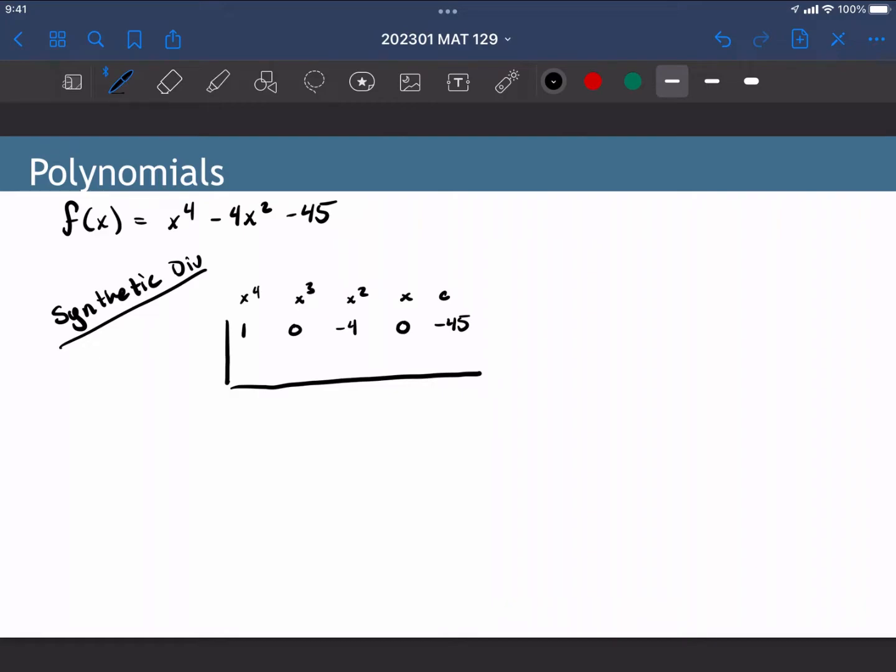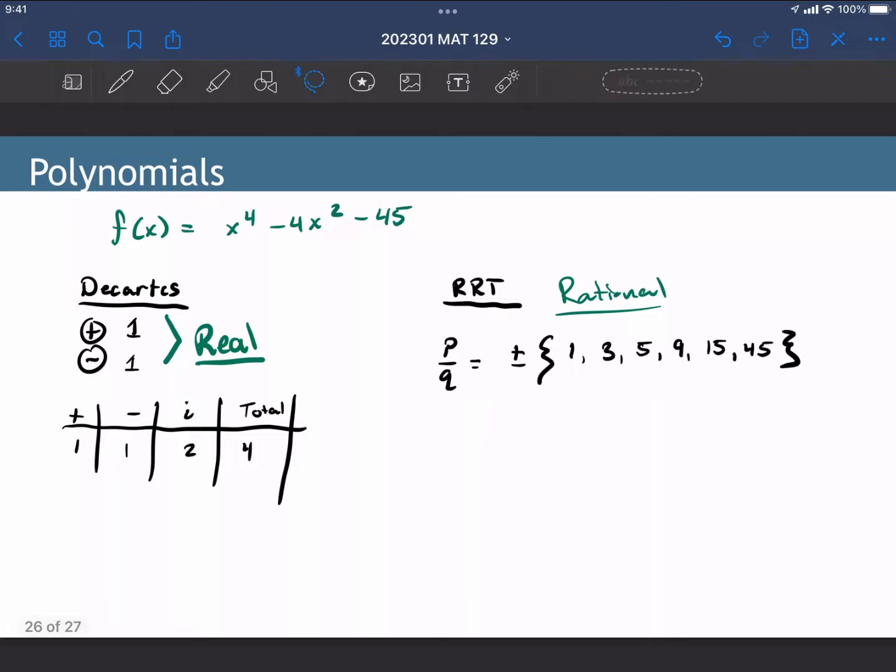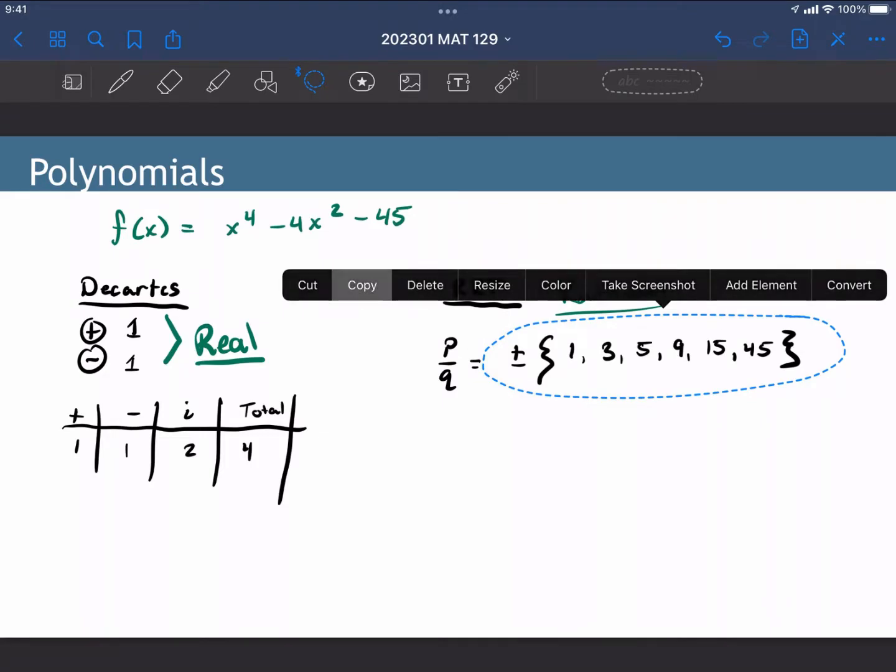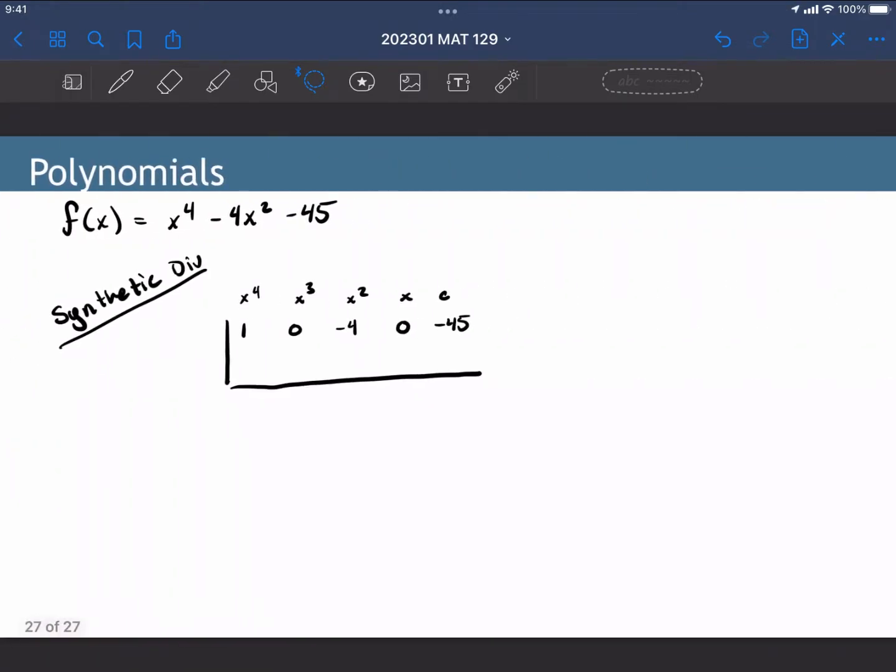So what you do is you pick what value you want to test, and you could test a rational value. Let me bring those over. If I'm going to test a value, it's going to be one of these. If I have a rational root, it's going to come from there. And again, I know there's one positive and one negative. So here we go.